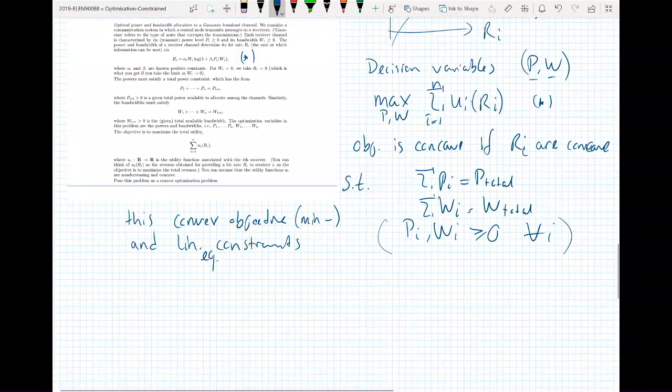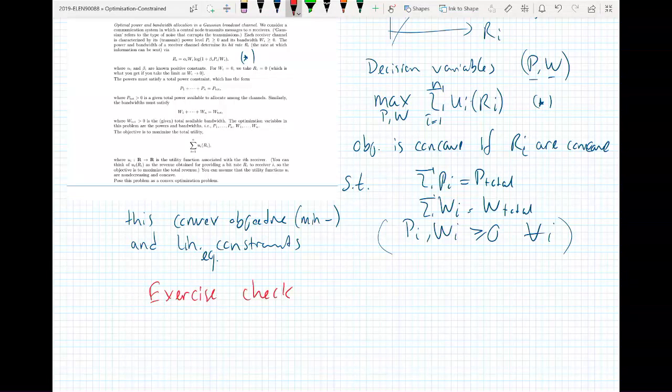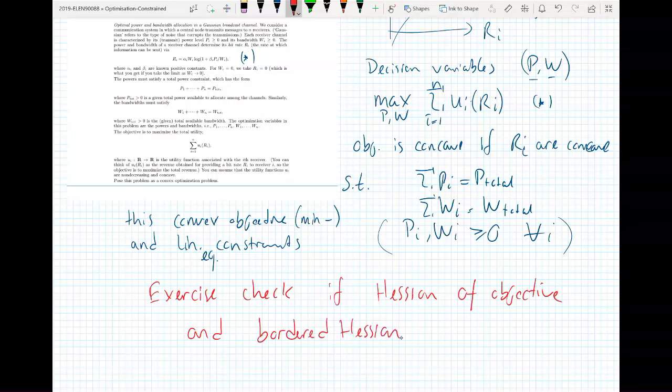So actually, I leave it to you as an exercise. Exercise: check if the Hessian of the objective and the bordered Hessian of the Lagrangian are, because we are maximizing, negative definite, right?